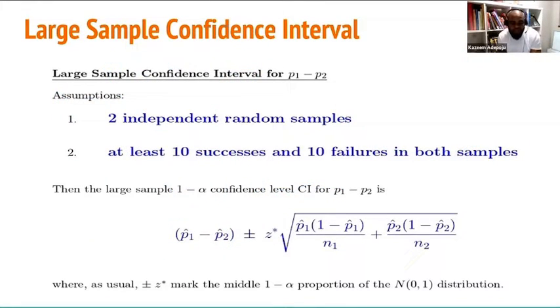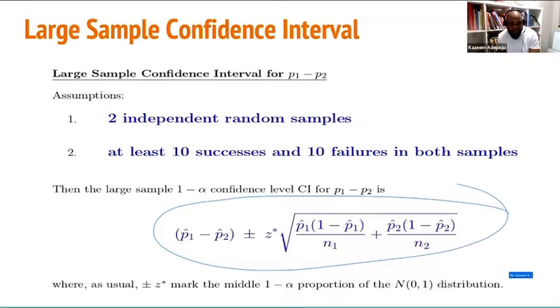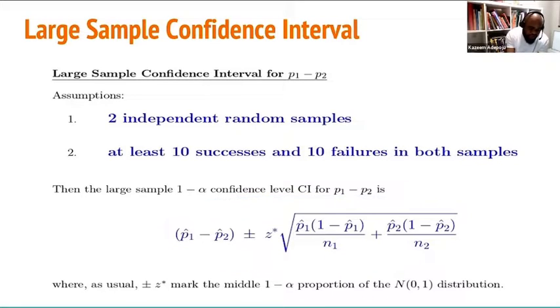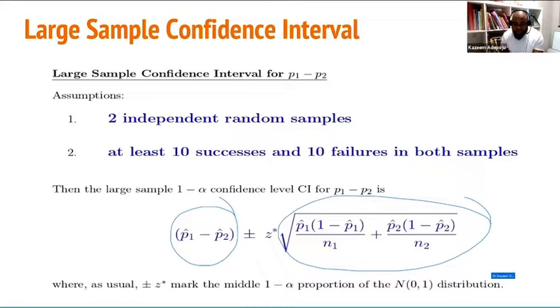Now, what is the formula that we're going to use for the confidence interval? It is this one here. You see that? That is the formula we're going to use. This is the point estimate. This is the standard deviation that we can also call the standard error. This is the Z score.